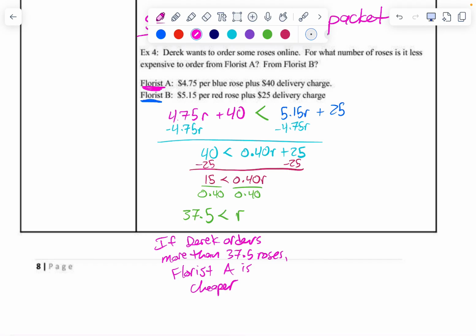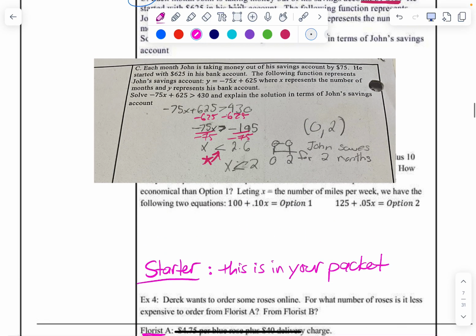Okay, why does it say that? Like all I see is R is greater than 37.5. So how in the world did we get this whole narrative from R is greater than 37.5? Thoughts? How do we get that? At a minimum, you need to know that R is roses, right?